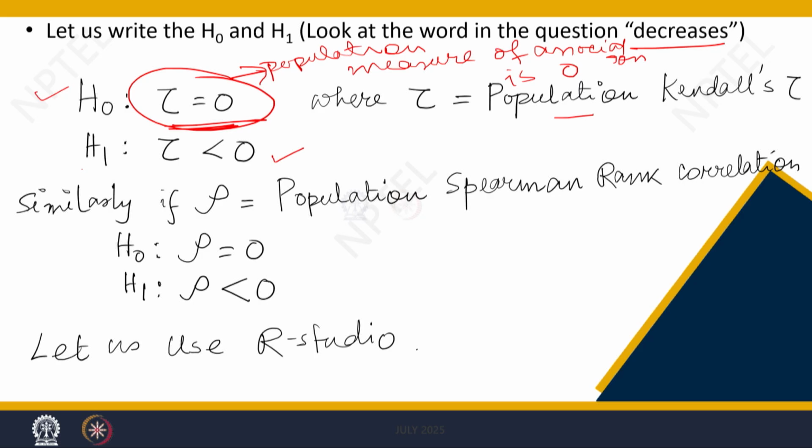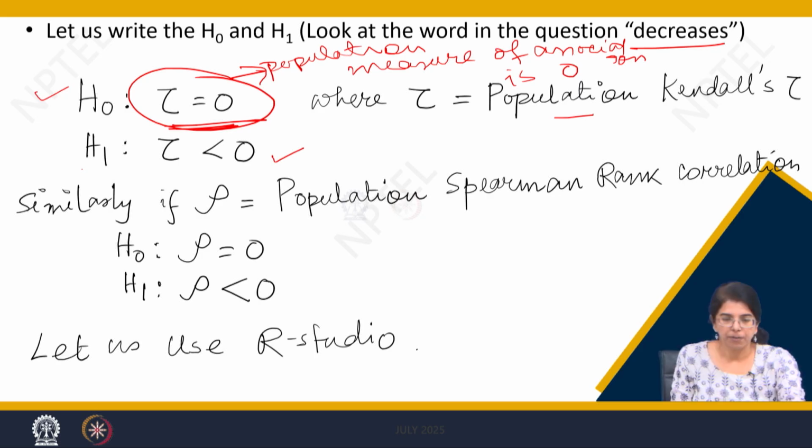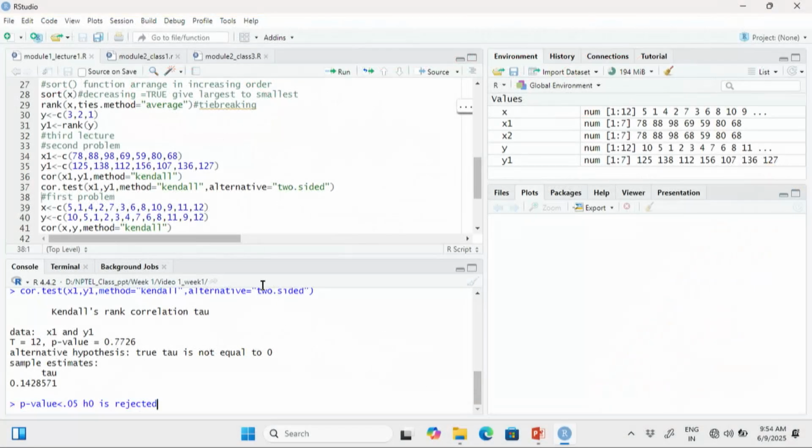So, let us get back to R again. For this alternative we have chosen two-sided. Similarly you can write greater or less alternative, and you will find the p value. Now, let us do the third problem.